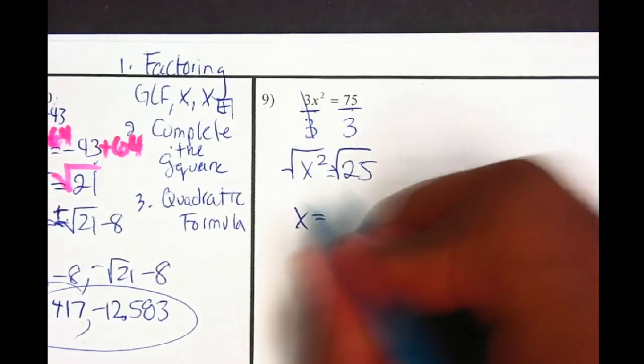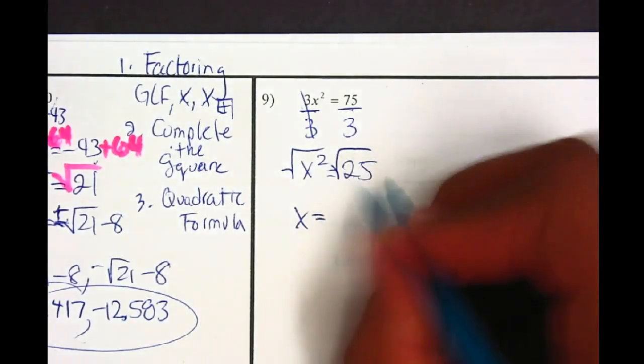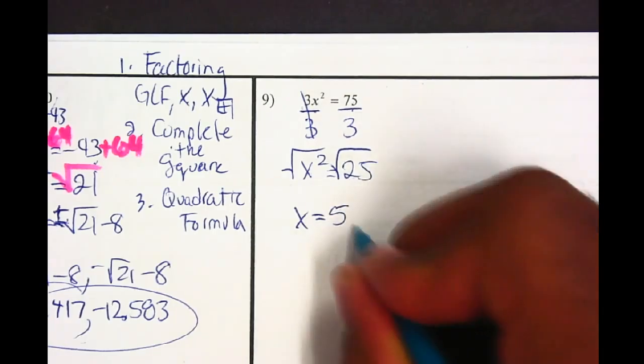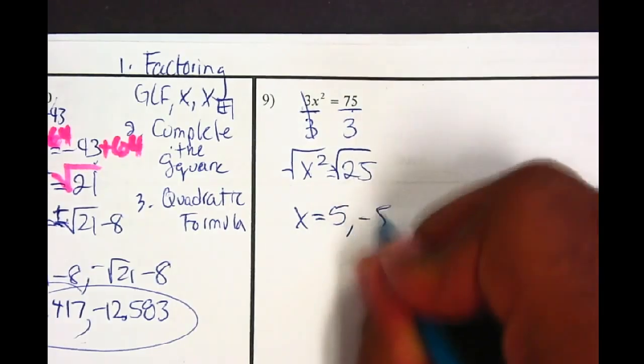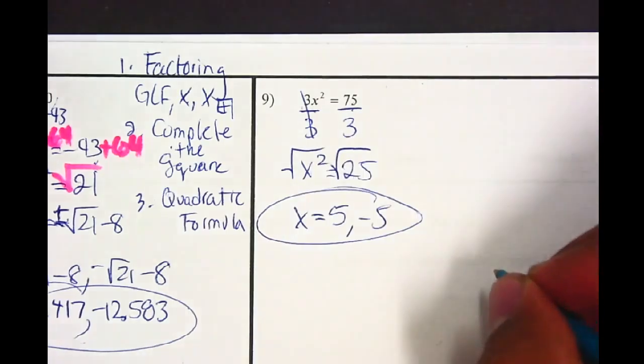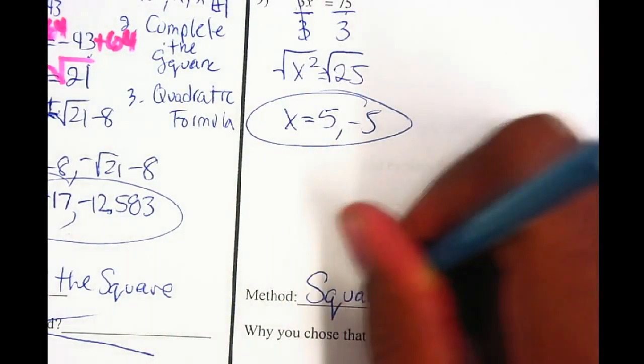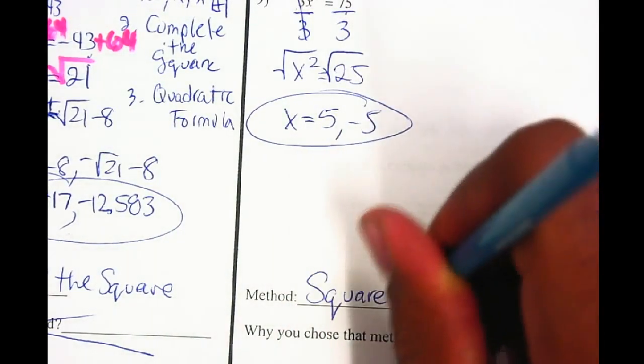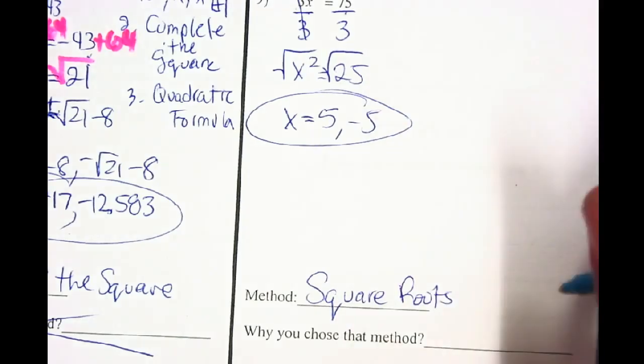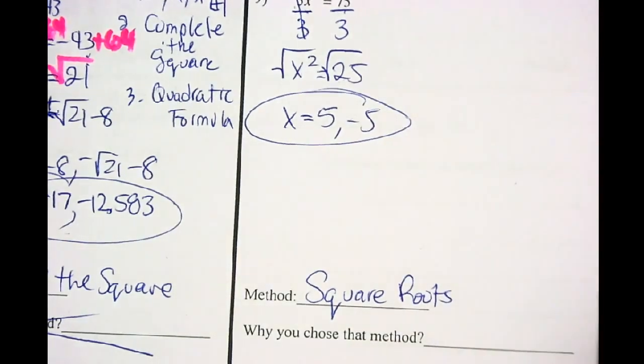And then don't forget, when I square root a number, that it's plus and minus, so it'd be positive 5 and negative 5 is our answer. Okay, for number 9. And that method was the square roots method.